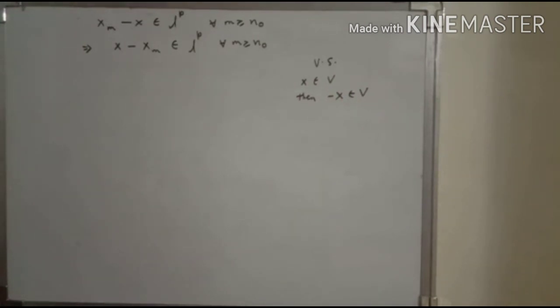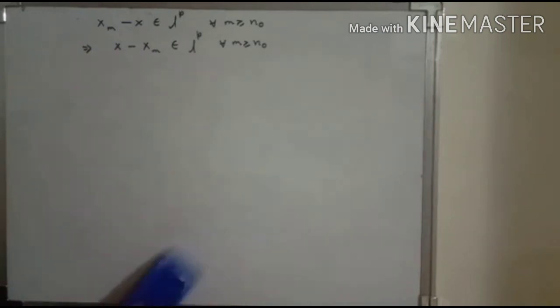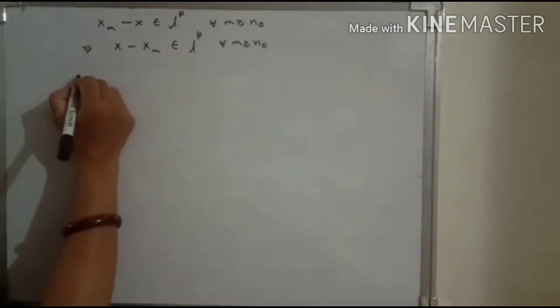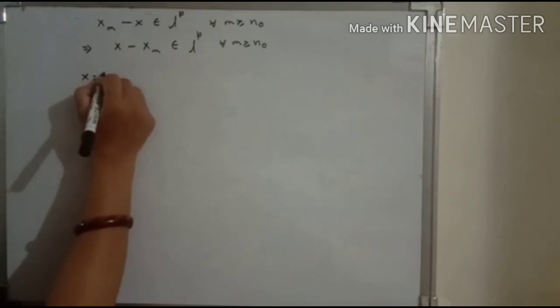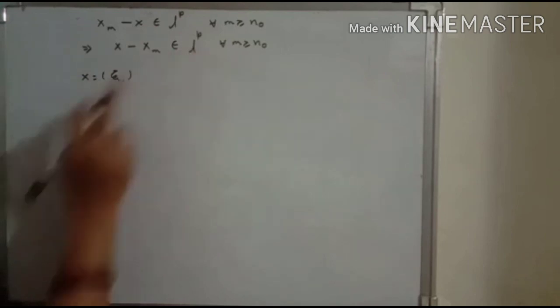And by using this, xm minus x belongs to LP implies that x minus xm belongs to LP. Now our x is the sequence xi I, and we have to show that it is an element of LP.